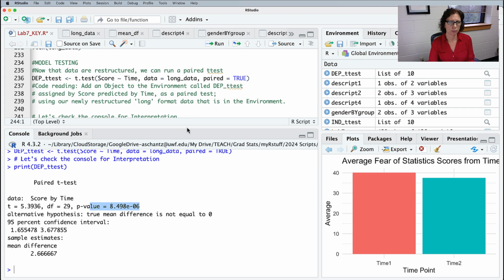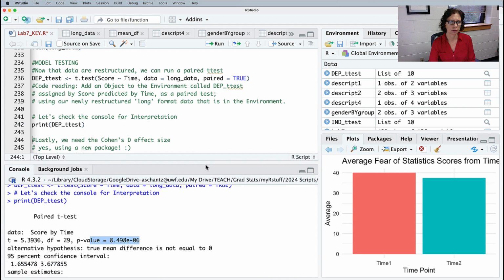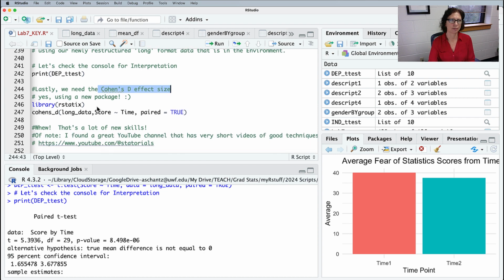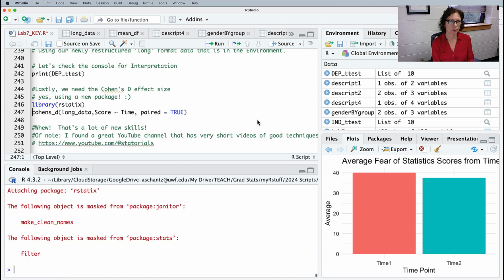So what else do we need here to be able to report this? We need Cohen's d effect size. And yes, a new package. Why not? This one's called rstatix. So we'll load that.